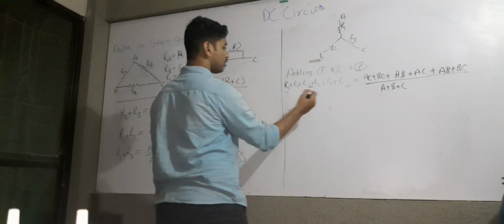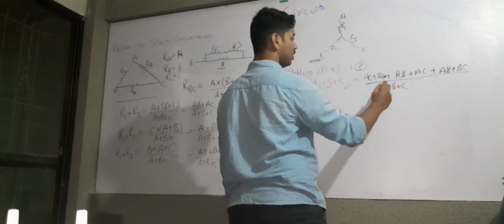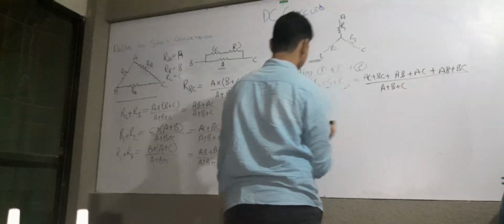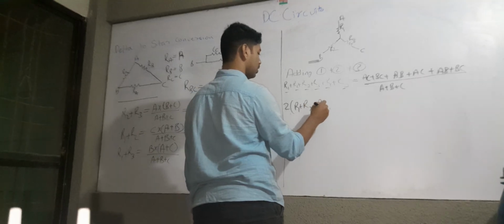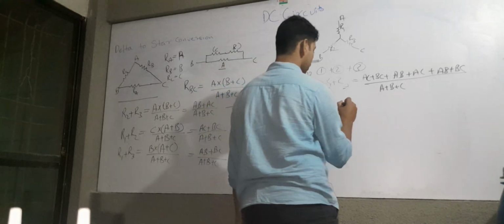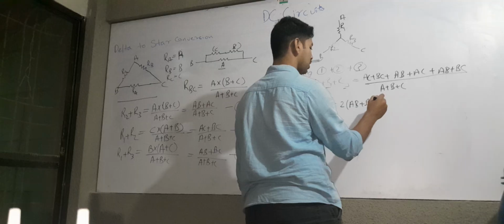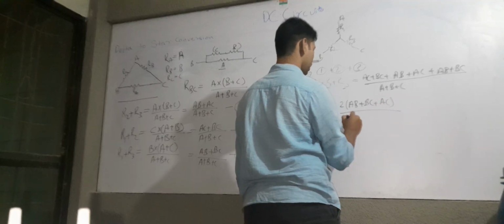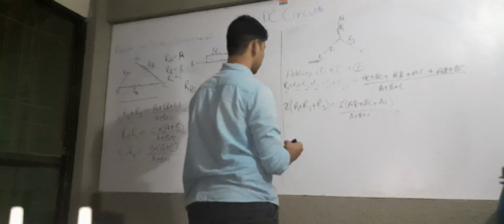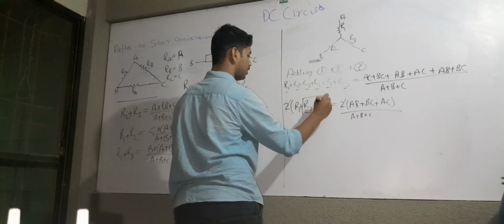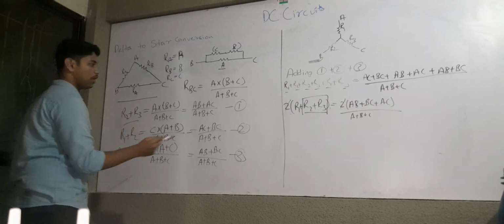As you can see here, there are two R1, two R2 and two R3. And here also we've got two AC, two BC and two AB. So 2 times R1 plus R2 plus R3 would be equal to 2 times AB plus BC plus AC divided by A plus B plus C. So we cancel the 2, and this term right here is equation 1.